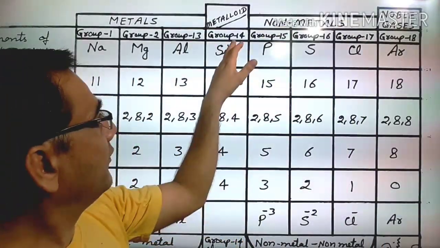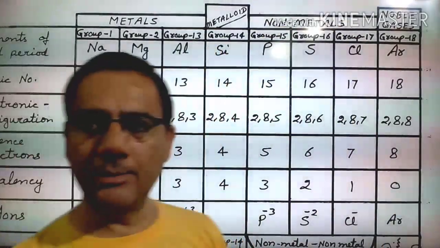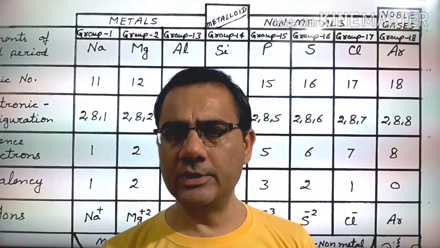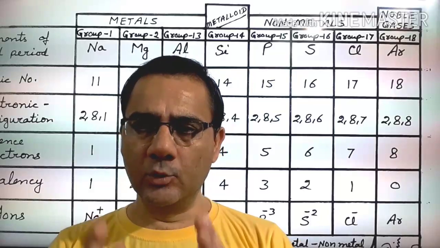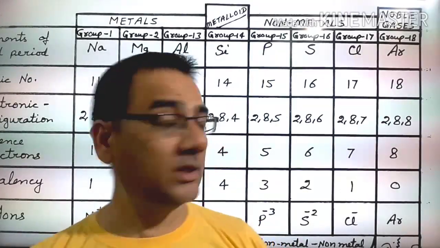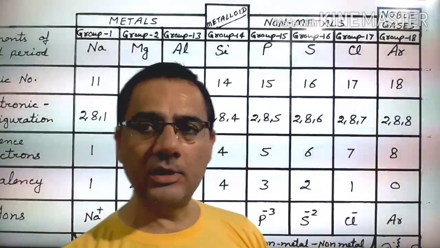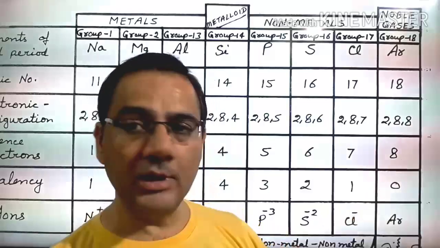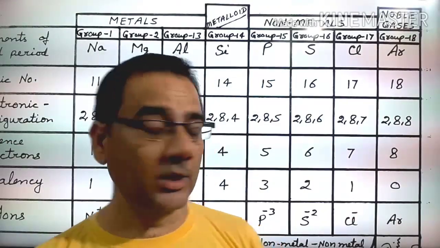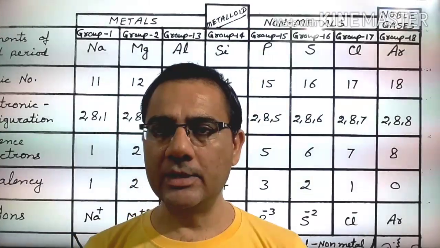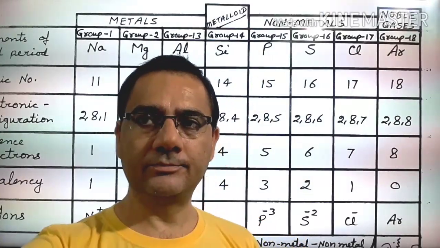And in group 14, some elements are metalloids and some are non-metals, so that also you will study later on. Those which have 8 electrons in the outermost shell are called noble gases. Those elements which have 4 electrons in the outermost shell, some are metalloids and some are non-metals.